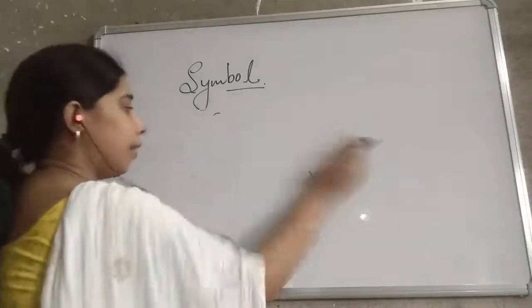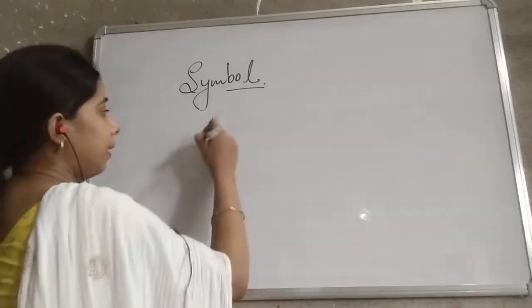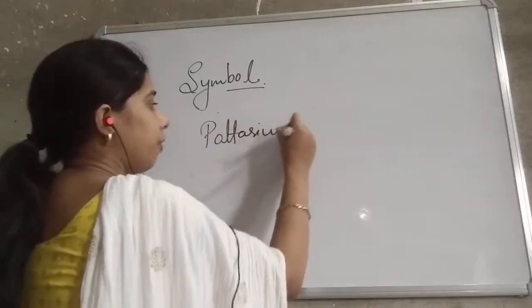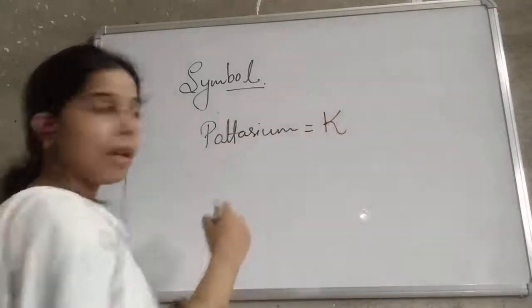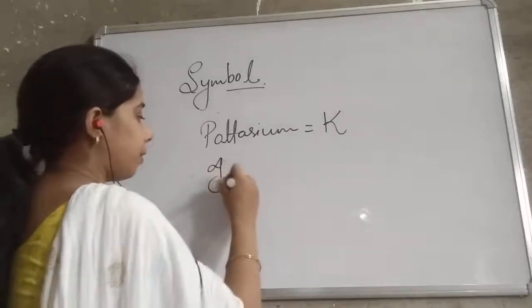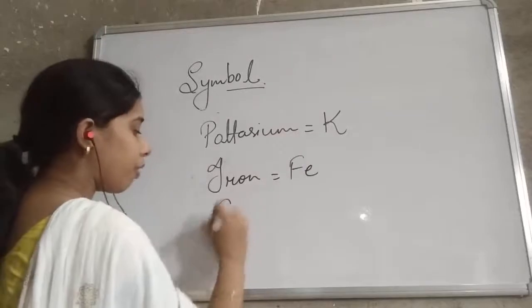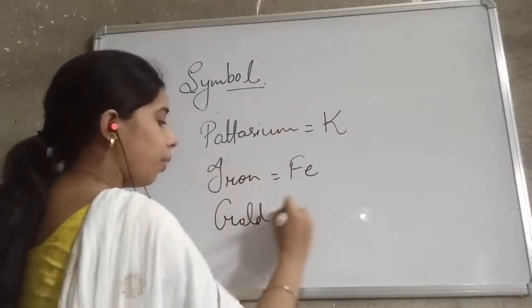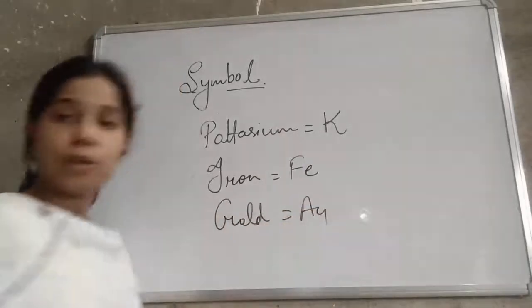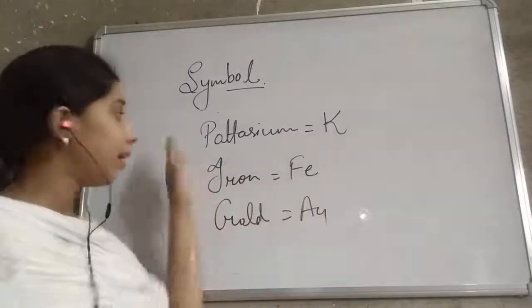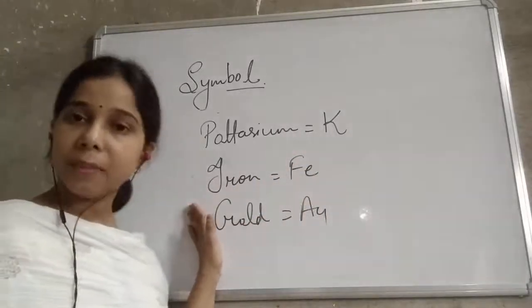Now the last group, like in the case of potassium, we represent it by K. In the case of iron, we represent it by Fe. In the case of gold, we represent it by Au. Here you can see that none of these letters are in the name of these particular elements.